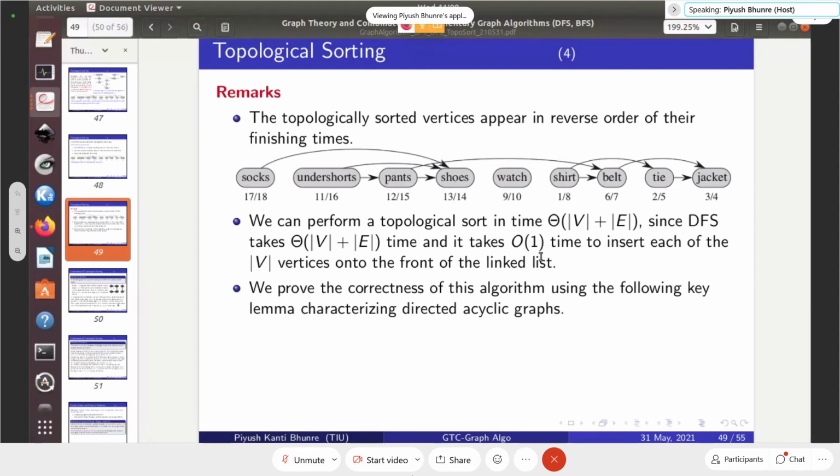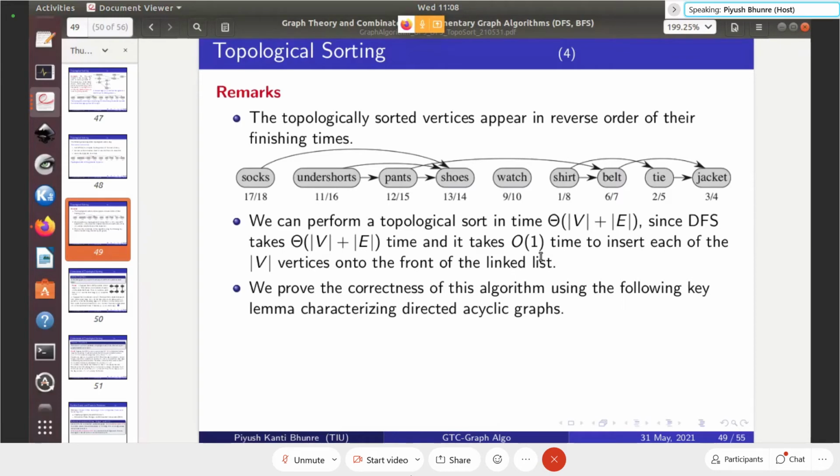At the front of the linked list, every insertion will take constant time, right? If you remember the linked list operations, insertion in the front will take constant time. So inserting n vertices will take linear time.